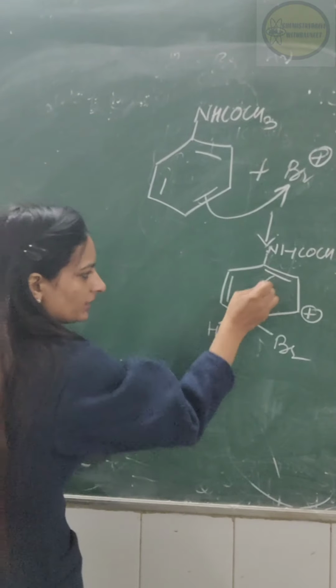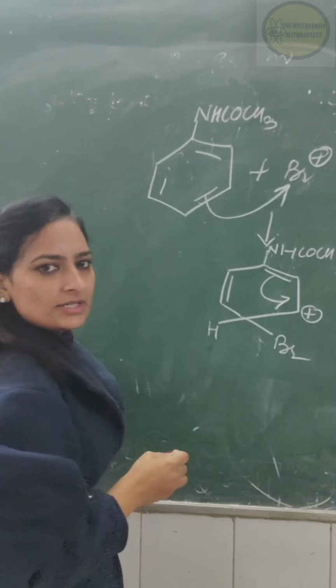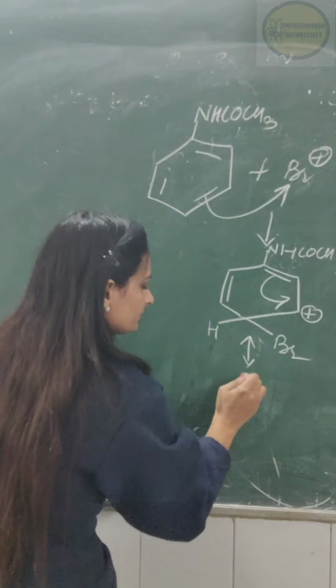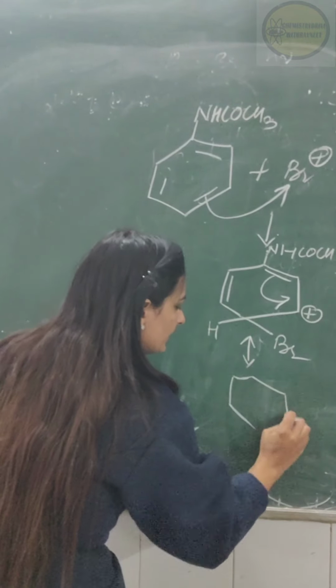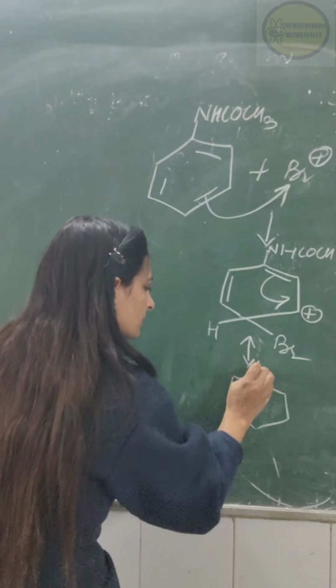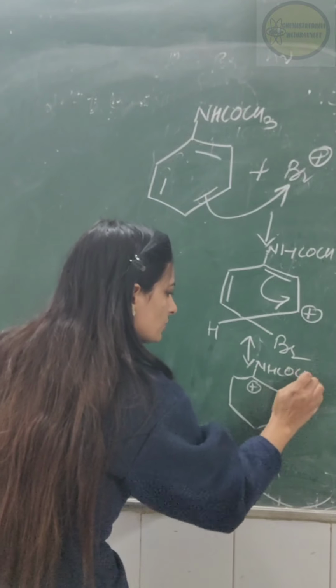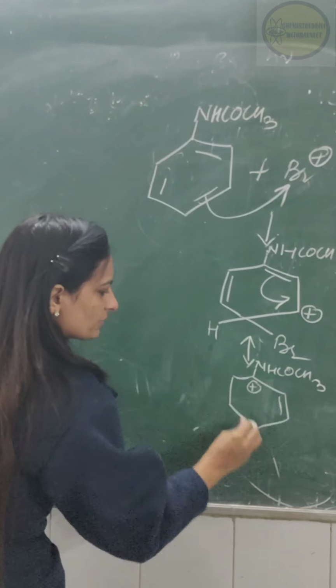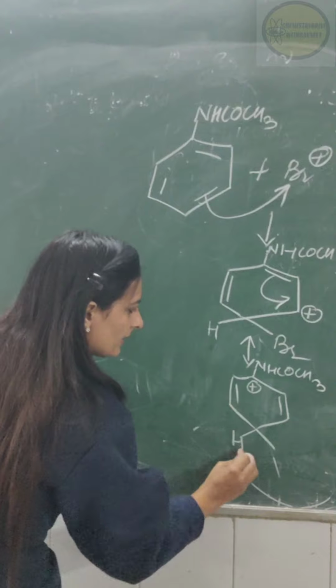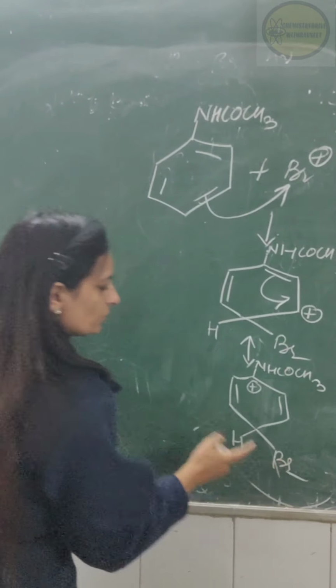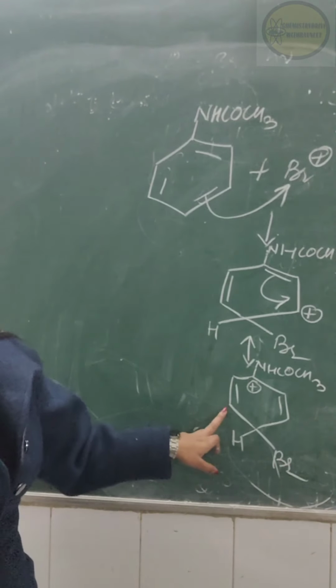Now you can draw the arenium ion structures for this. Always, in this case, NHCOCH3, this electron density comes here, HBr. Now this structure is very stable.